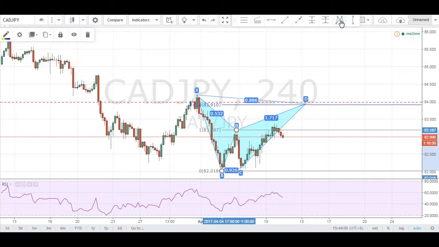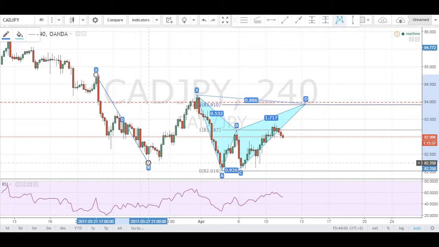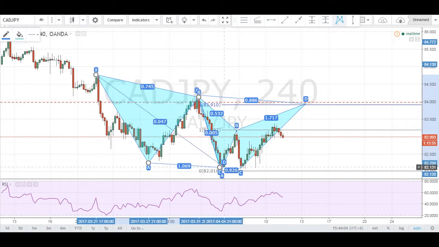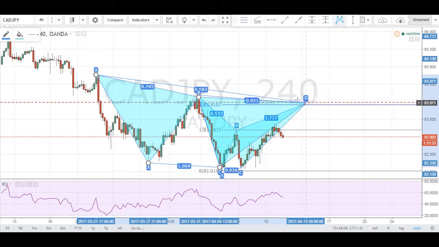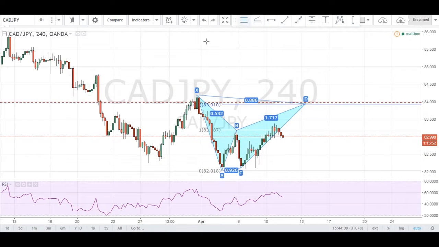Also, if you look at this previous cipher pattern right here, which I drew for you just now, I'll just draw it quickly for you. Right, we have a cipher pattern here. If we were to use a cipher pattern completion, which is the 786 retracement level, let me just draw it for you.